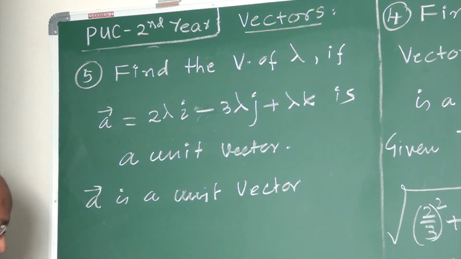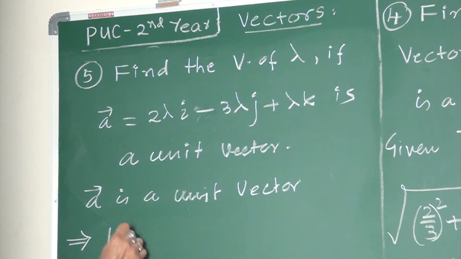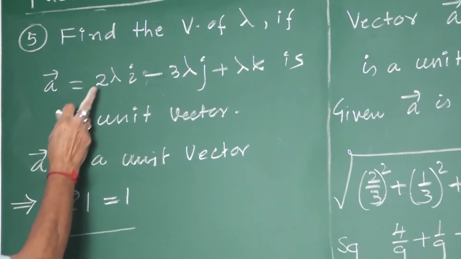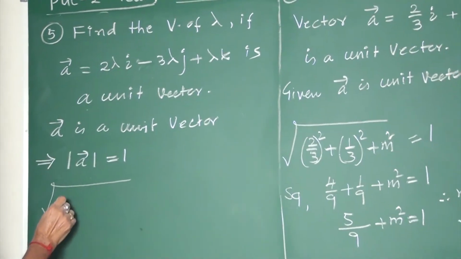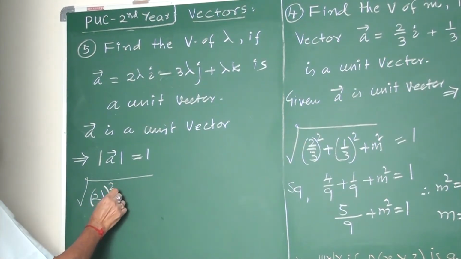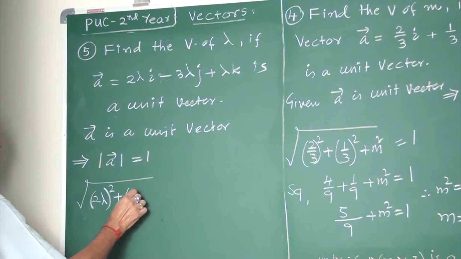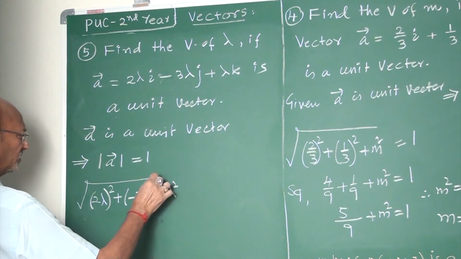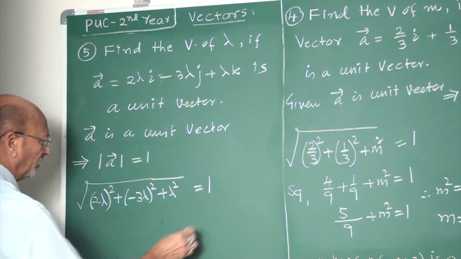Therefore, its magnitude is 1. What is the magnitude? Square root of the scalar components: 2 lambda whole square minus 3 lambda whole square plus lambda whole square is 1. Square both sides.